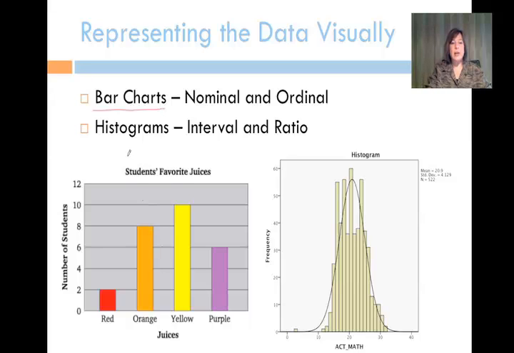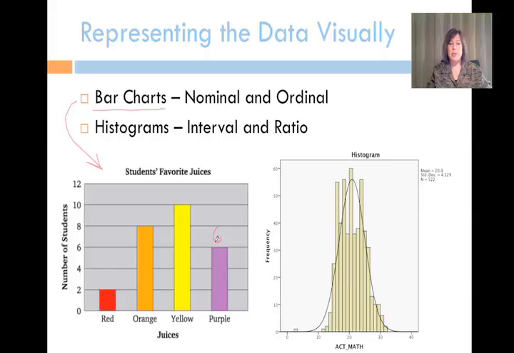And so here's an example of a bar chart looking at number of students. We have this many students that took this little quiz. What's your favorite juice? Red, orange, yellow, purple. And you use the bar chart to show how many students said each response category.